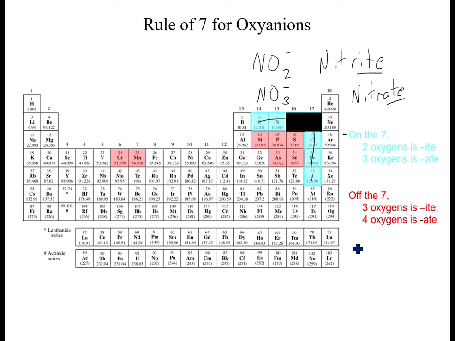So that's why SO3, also 2 minus, was sulfite with an ITE ending, and SO4, 2 minus, is sulfate. Okay, so the ATE ending. All right. So basically, if it's not part of the 7, it doesn't have to be just one of these, then it's 3 to make it ite and 4 to make it ate. Okay.